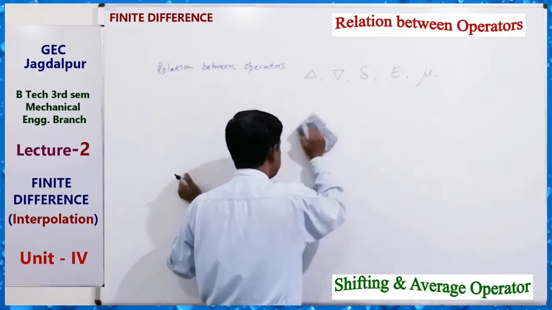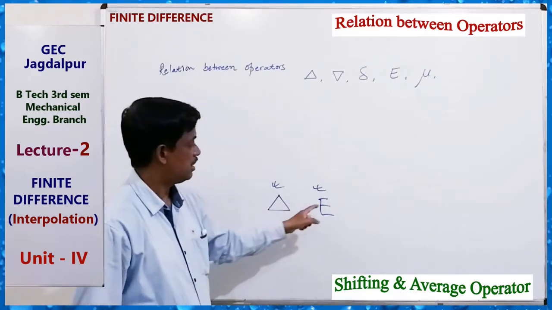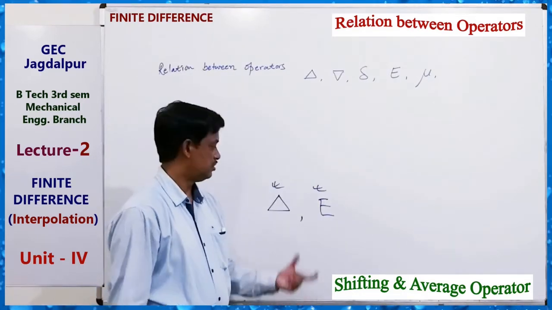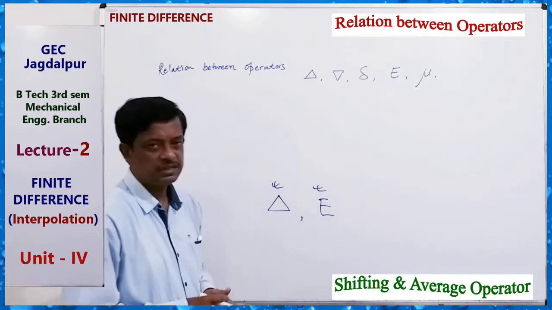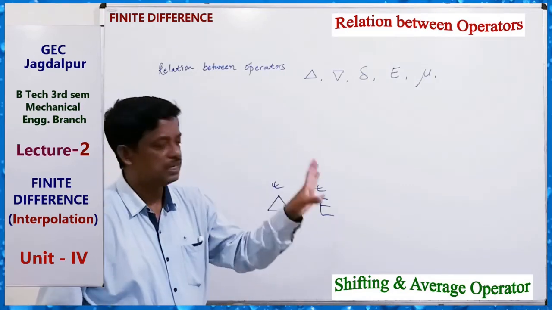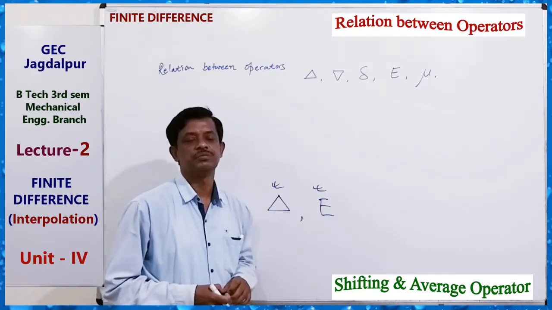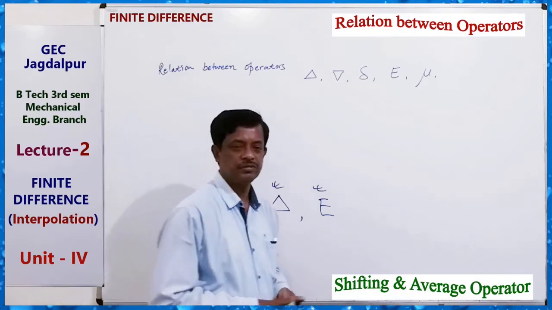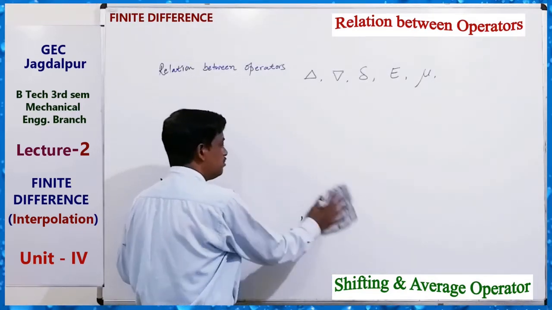Every relation between operators can be expressed in forward del and shifting operator. For solving any questions, you have to convert the relation in terms of forward and shifting operator. Then you can do further process.